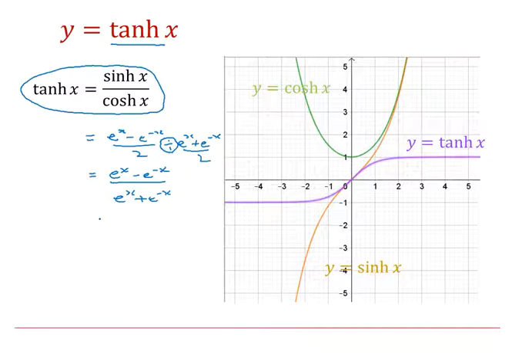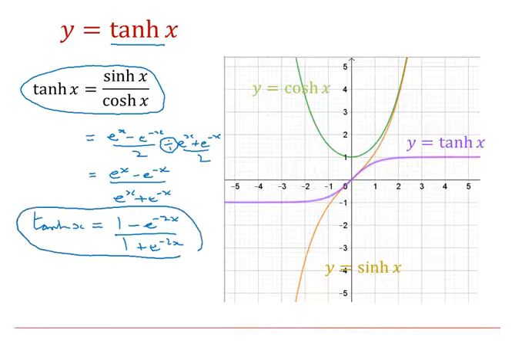And if you multiply top and bottom by e to the minus x, you get 1 minus e to the minus 2x over 1 plus e to the minus 2x, which is, if you need it, the standard way of writing tanh x defined in terms of the exponential.